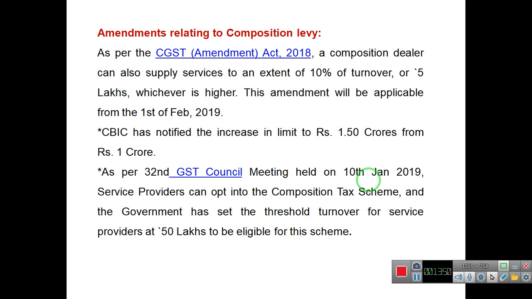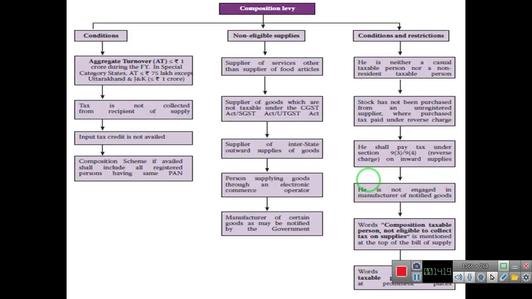CBIC also increased the limit for composition dealer from 1 crore to 1.5 crore. Then, according to the 32nd GST Council meeting held on 10th January 2019, service providers can also opt for composition tax scheme, and the government has set the threshold turnover for service providers at 50 lakhs to be eligible for this scheme.